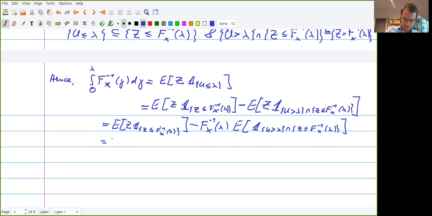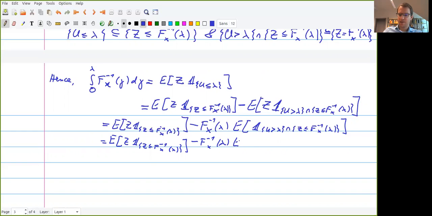Okay, as I said, the first thing already looks good, so we want to keep it. Okay, now we need to understand a bit better. That's lambda, and this is lambda.